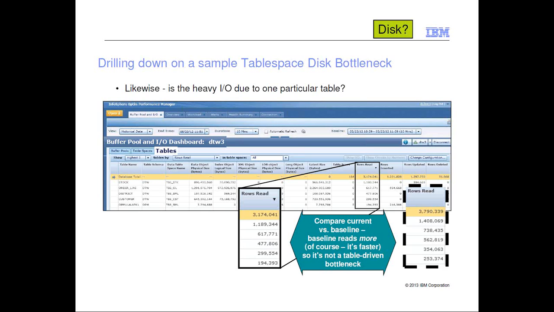Then we go back to the buffer pools tab to see further, now that we have seen that there's no issue with respect to table space or tables, is there any issue with respect to the buffer pool hit ratio or the I/O ratios for those buffer pools?